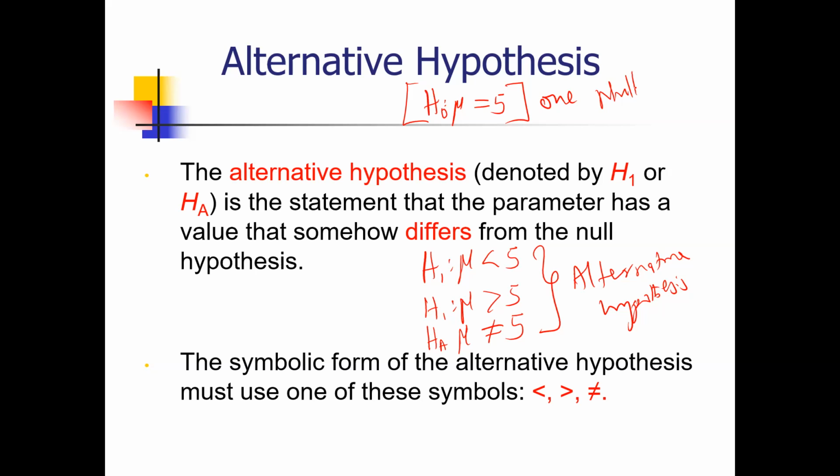If you're watching YouTube videos or reading other textbooks, you're going to see different things. Everybody agrees on the alternative, but there are some different representations for the null. I've chosen the one that most statisticians go with. Any questions so far?